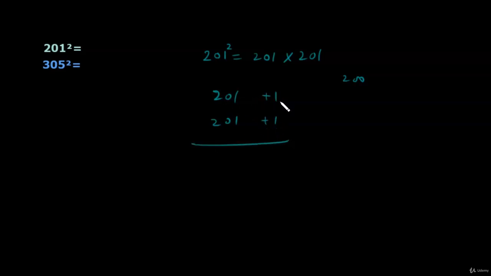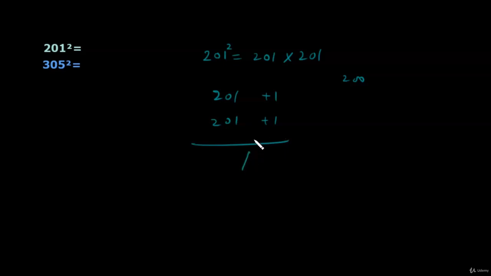Now this technique also helps us to find the square of a number. Suppose we have to find the square of 201, which is the product of 201 and 201. Again we can keep the base as 200 in our mind, and this number is 1 more than 200, this number is again 1 more than 200.